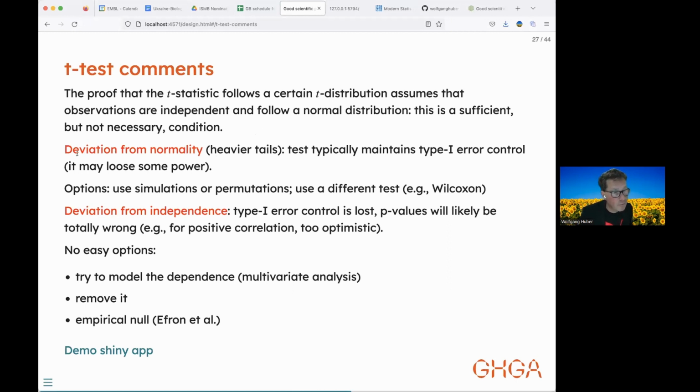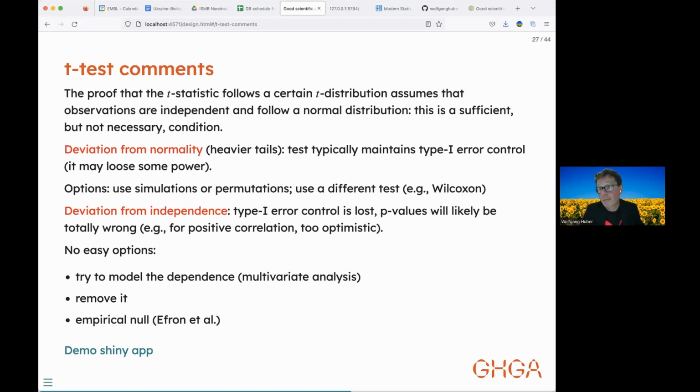In fact, deviation from normality, such as heavier tails, is in very few cases a real problem. The test may lose some power, but it still remains valid in terms of its type 1 error control. Whereas deviations from independence of the data, the second part of the assumption, are really critical. If the data are not independent, if there's some correlation between measurements, then the p-values or any conclusion from a t-test can become totally wrong.